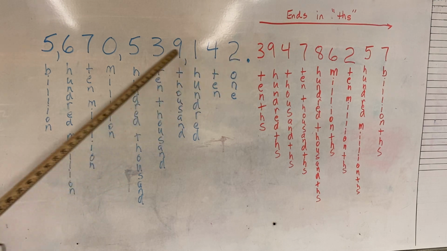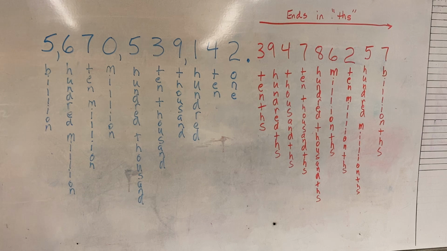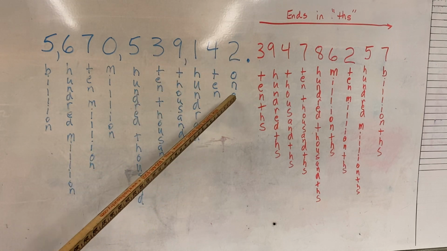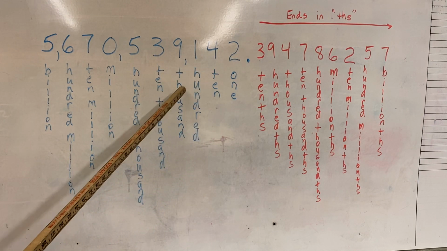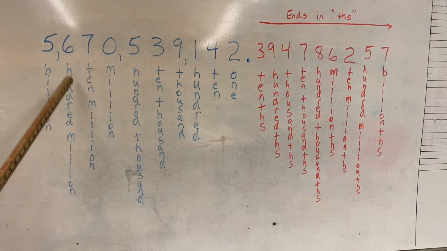These are all your whole numbers, and these to the right would be fractional numbers, or a decimal number. Looking at your whole numbers, to the left of the decimal, you got 1, 10, 100, 1,000, 10,000, 100,000, million, 10 million, 100 million, billion, and it keeps on going forever.